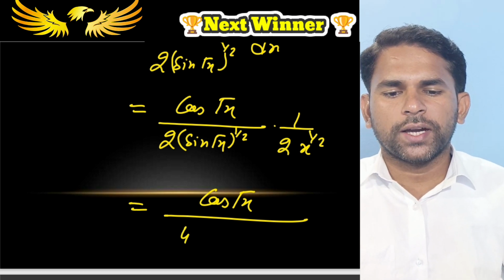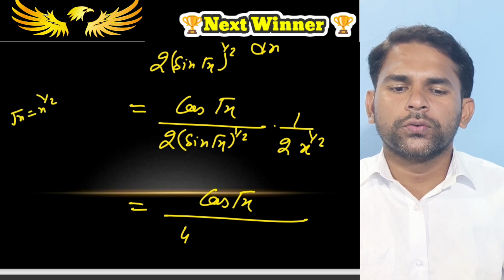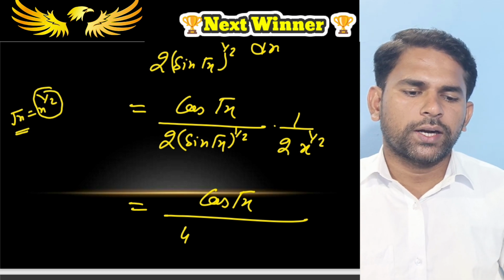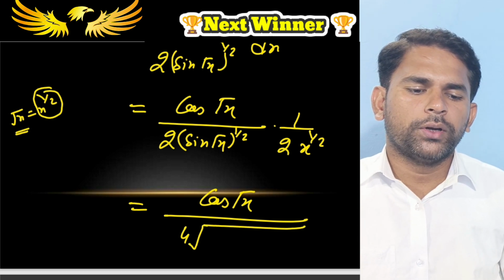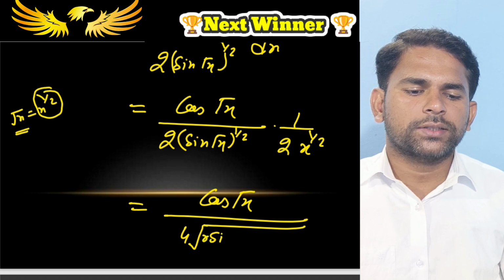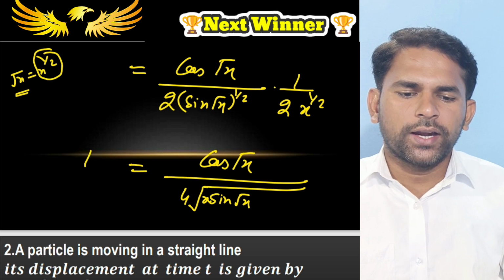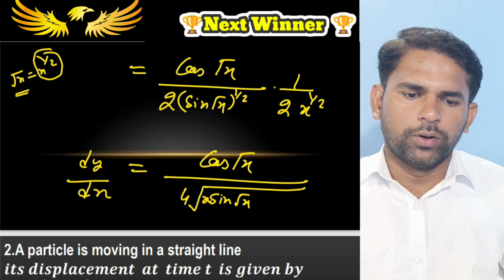Since x power 1 upon 2 is root x, we can write the complete root: cos root x divided by 4 root x sine root x, under the root. So this is the final answer of the given problem.